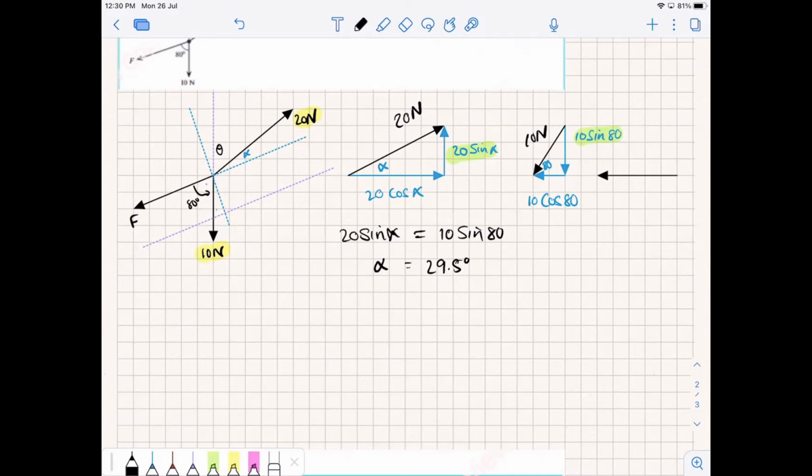So now what we need to do is consider all the horizontal components. I want you to see how I've drawn them in the diagrams. Have a look at the horizontal components. You can see that we have 3 horizontal components. This is the one that we're trying to solve.